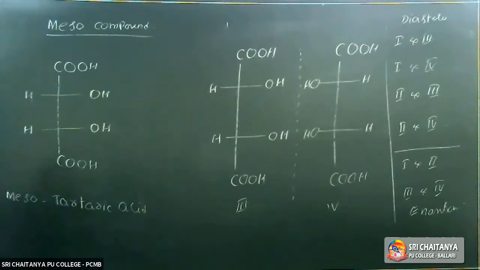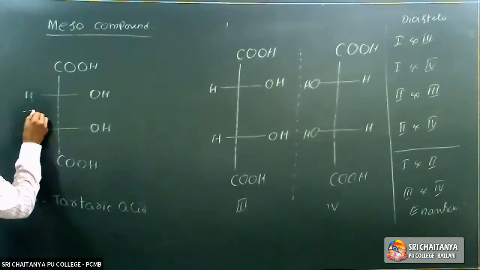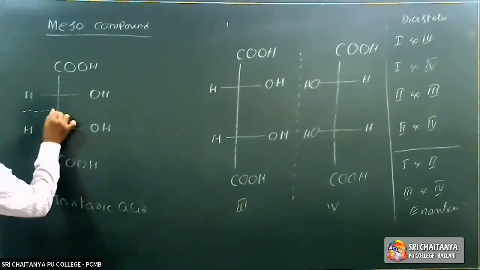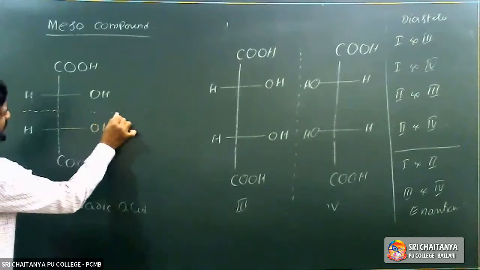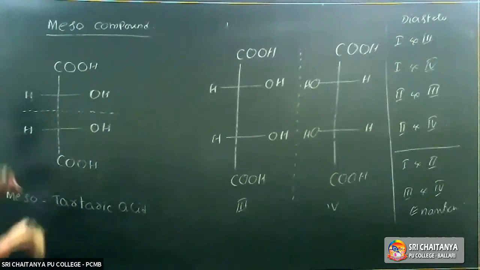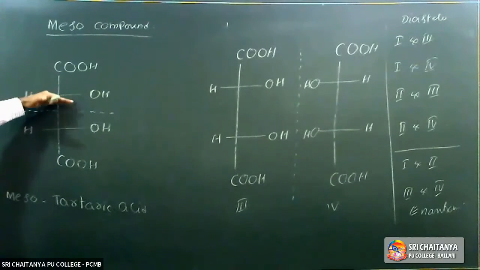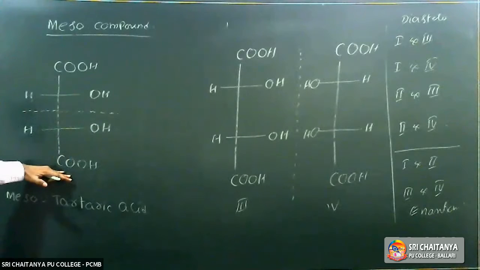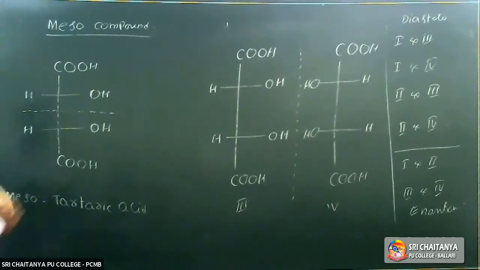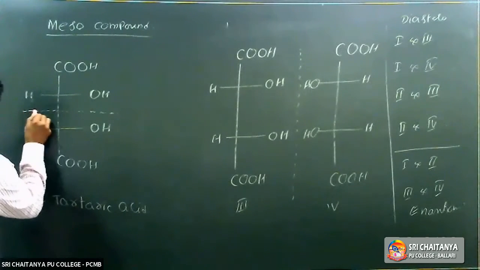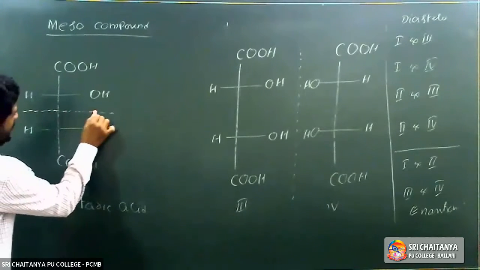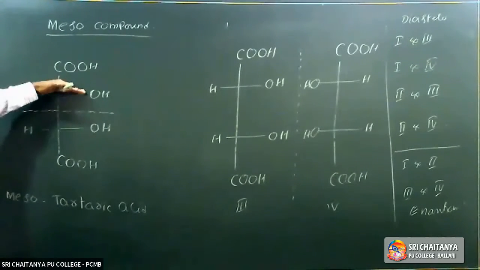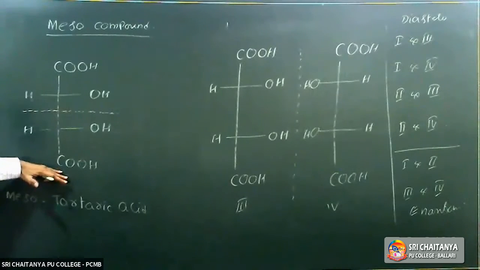Why is it called meso-tartaric acid? Because it has a planar symmetry. Planar symmetry means if it is bisected into two half parts, the first half is a mirror image of the second half.